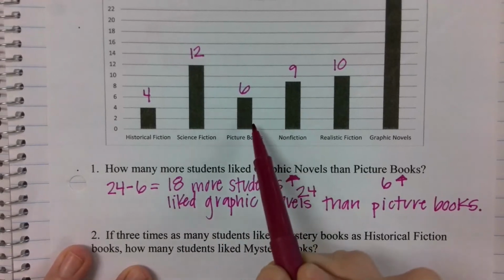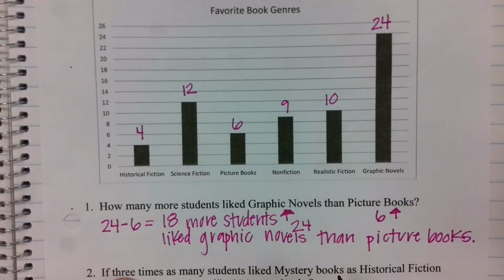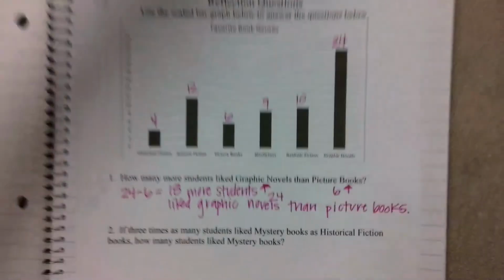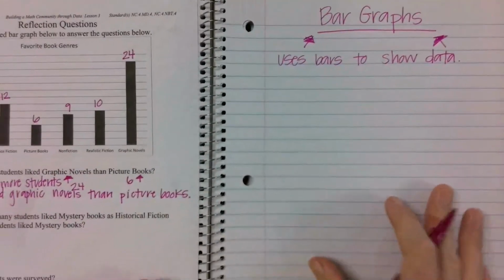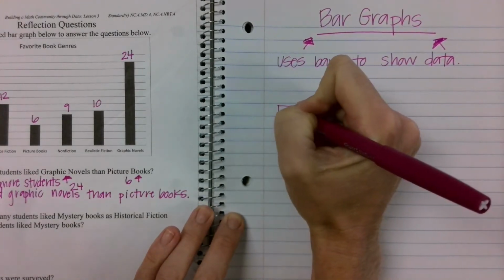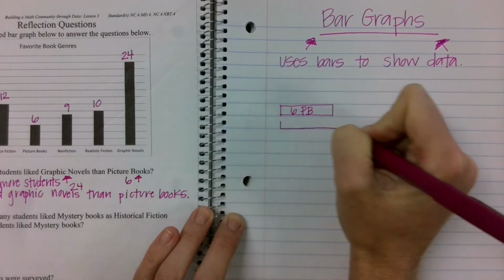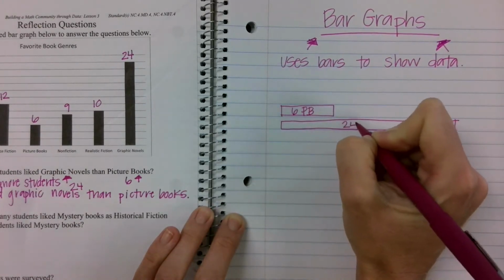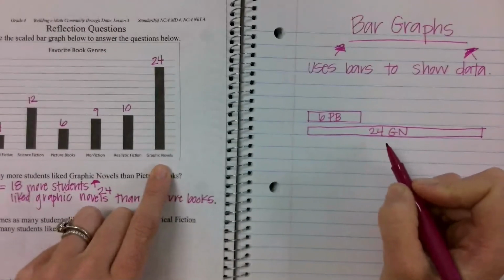But also I see and I know that 6 and 24 have something in common. So now I'm going to do it right here. If picture books are 6, PB, and then 24 graphic novels, GN stands for graphic novels.